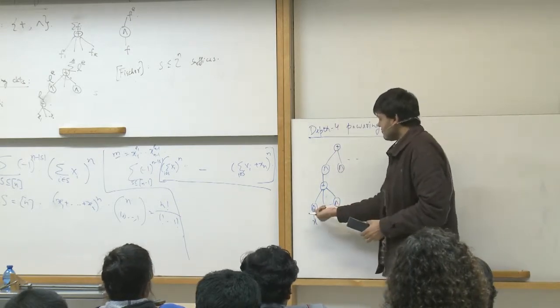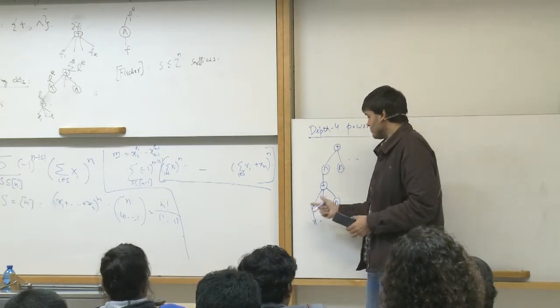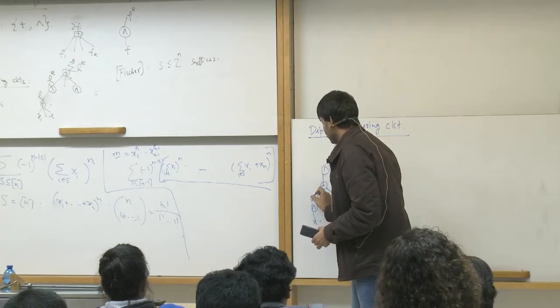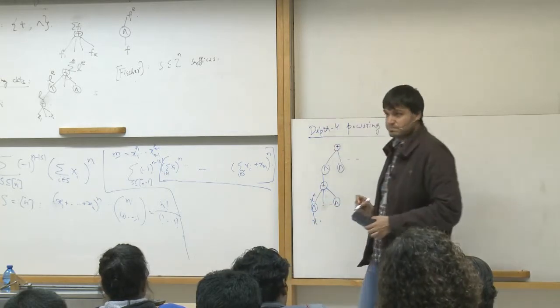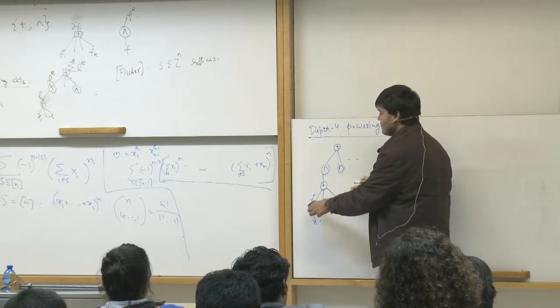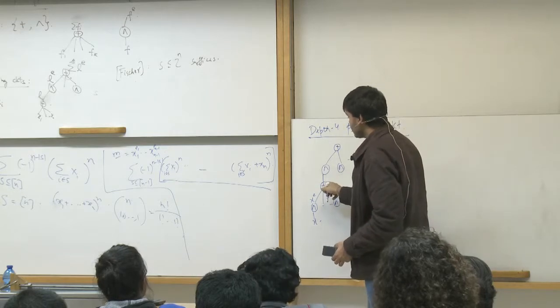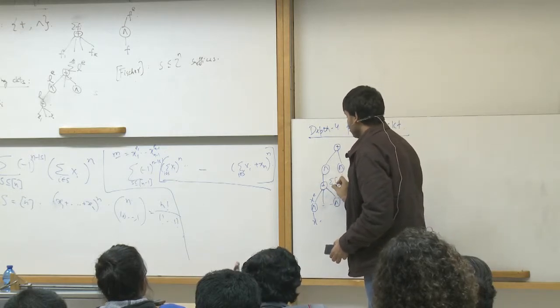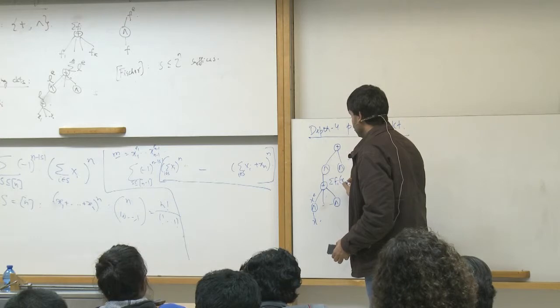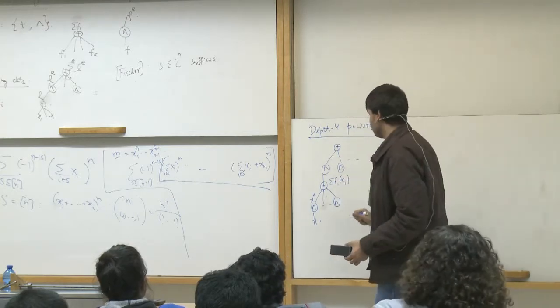So what does the bottom layer compute? Any such gate computes just a power of a variable, so it is some x_i to the e. Then there is a layer of addition gates, and it takes a sum of many such powers of variables. So in particular, you can always write the output of such a gate as a sum of univariate polynomials. It's just a sum of powers of variables.